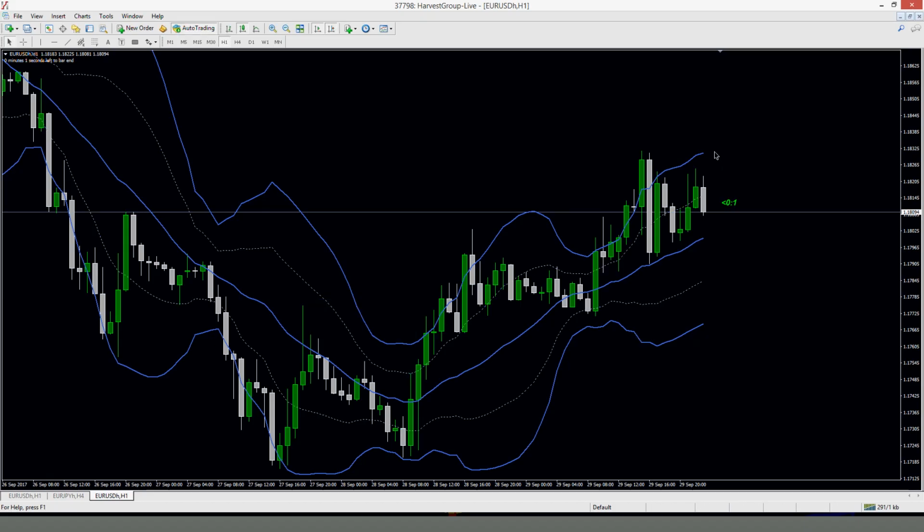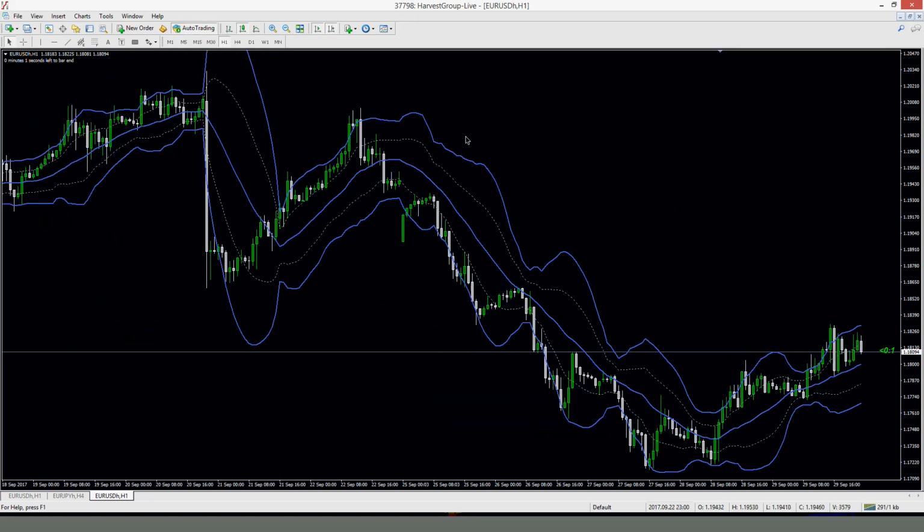This is top BB, and just to make it quicker, call it BB. Top BB deviation 1, middle BB deviation 1, and lower BB. From top BB to mid BB is the buy zone, and from mid BB to low BB is the sell zone.